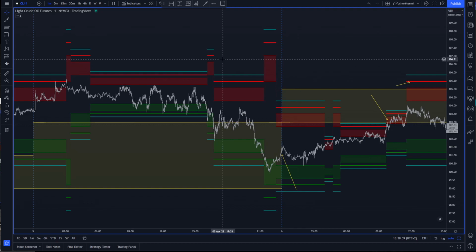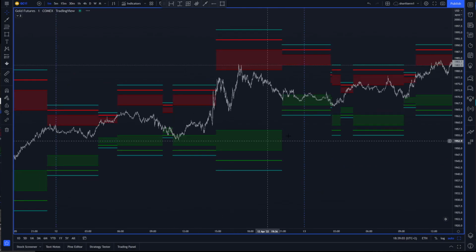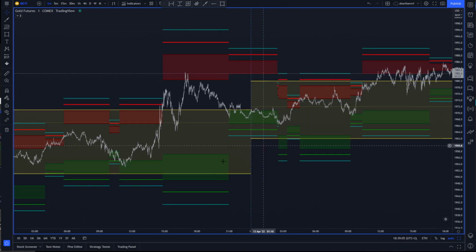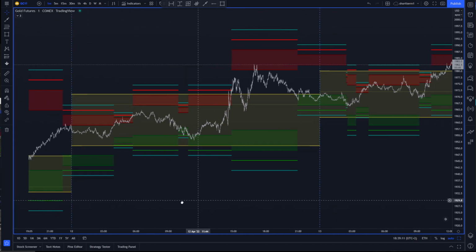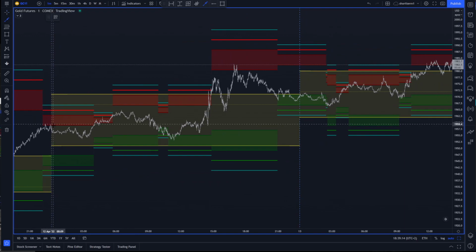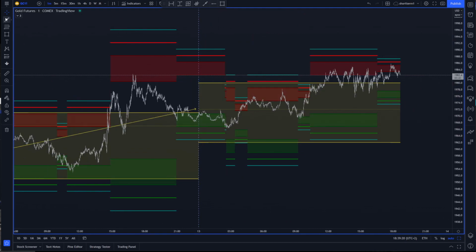Let's see, I don't know, gold. Gold today. Okay, this is a nice setup. So we had, actually no, we had an up move, and the price closed inside of this value.